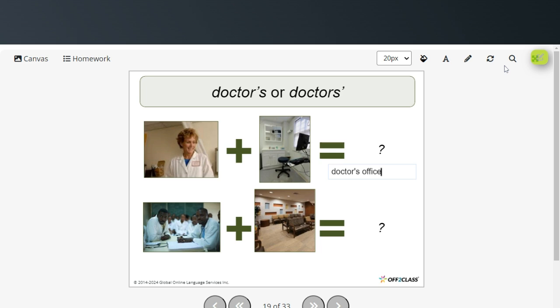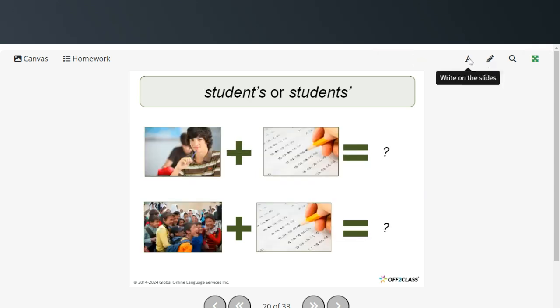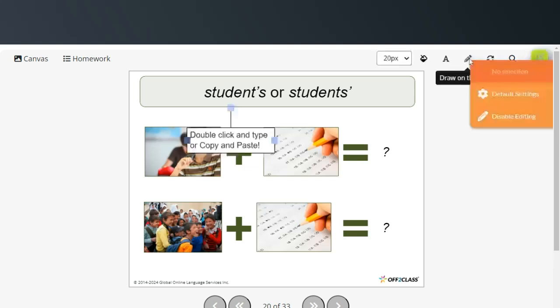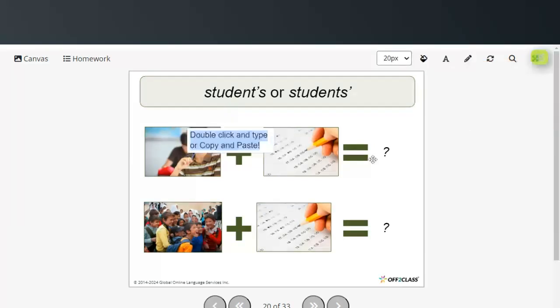This would be doctors' office. Students' homework, so one student.